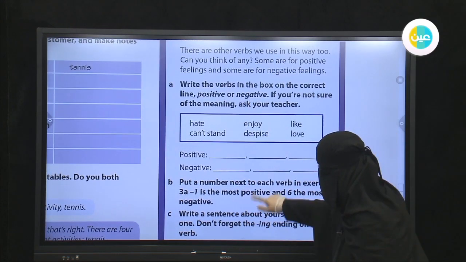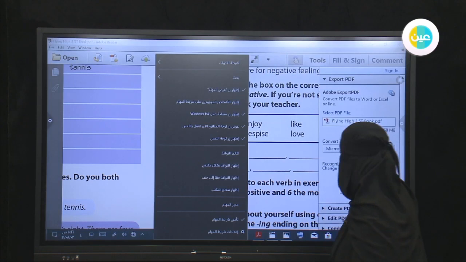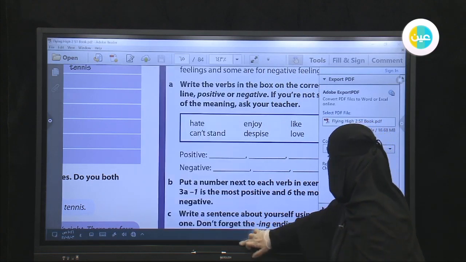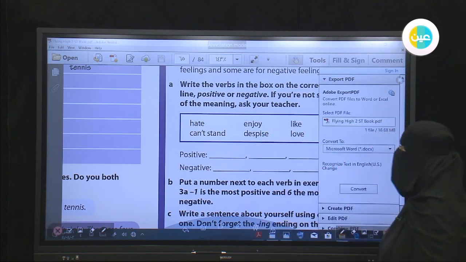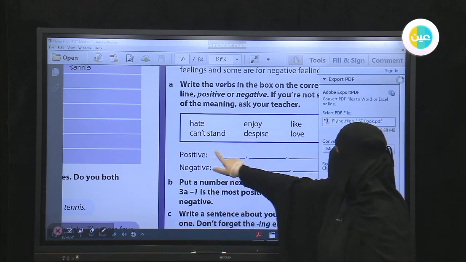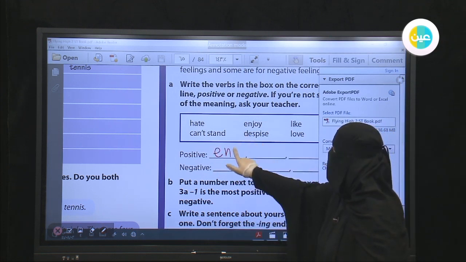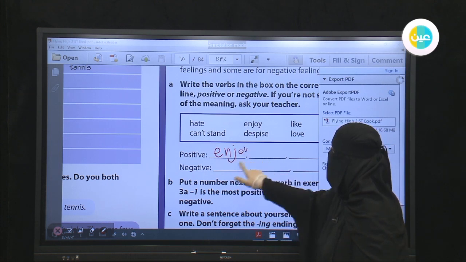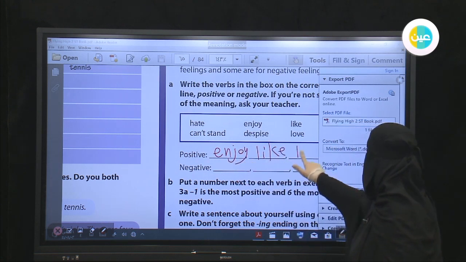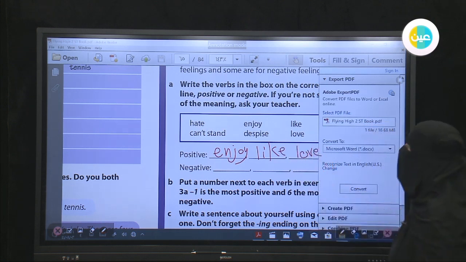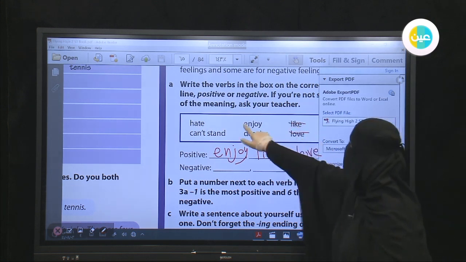Okay, now here what can we put? What can you put here? Hate, enjoy, like, can't stand, despise, love. The positive will be enjoy, like, love. Then the negative will be, so we finish from this one.